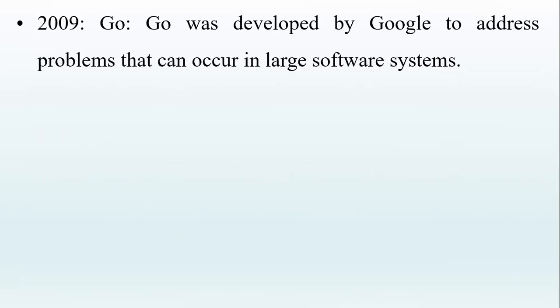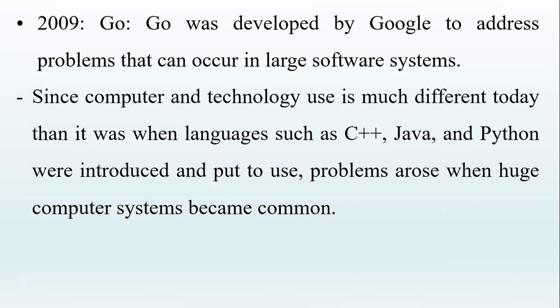In the year 2009, another language called Go was developed by Google to address problems that can occur in large software systems. Since computer and technology use is much different today than it was when languages such as C++, Java, and Python were introduced and put to use, problems arose when huge computer systems became common.